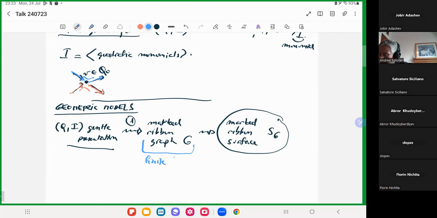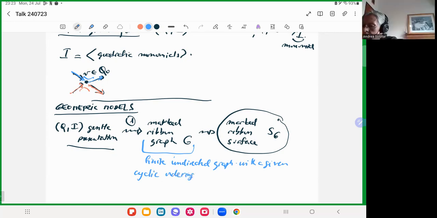So a finite undirected graph with a given cyclic ordering on the set of edges adjacent to each vertex, and a mark.